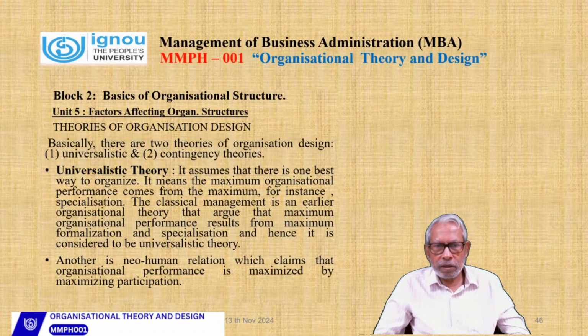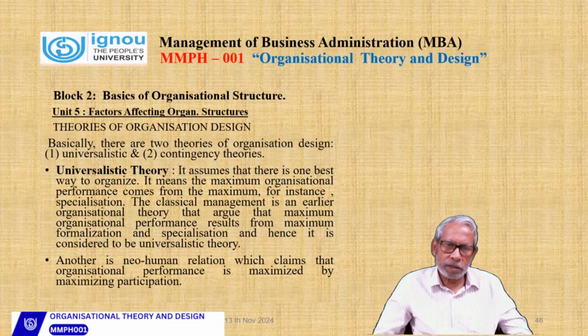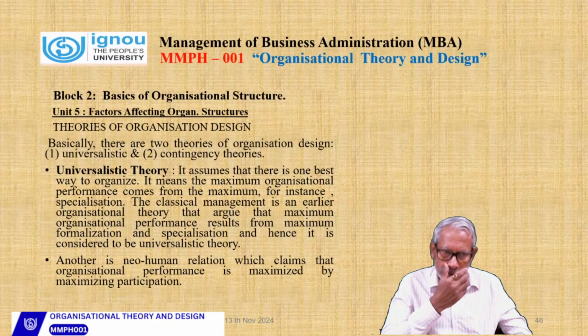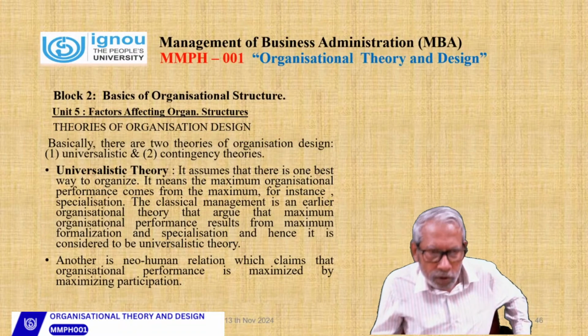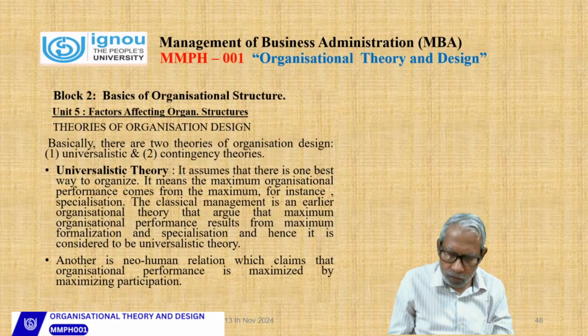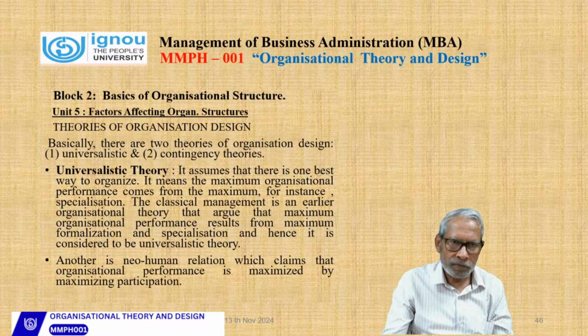Classical management is an earlier organizational theory that argued that maximum organizational performance results from maximum formalization and specialization, and hence it is considered a universal theory. According to neo-human relations, organizational performance is maximized by maximizing participation. So new theories are coming, and nowadays the new human relations are important, on how to maximize things efficiency-wise.